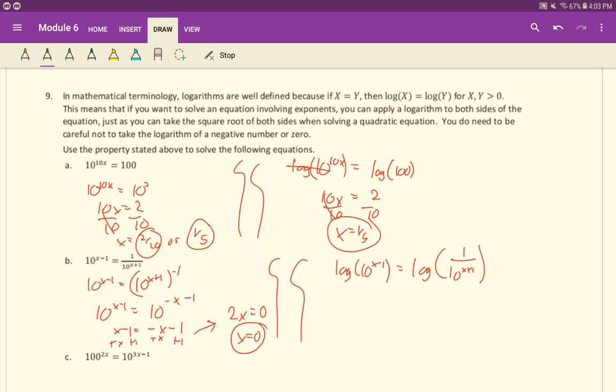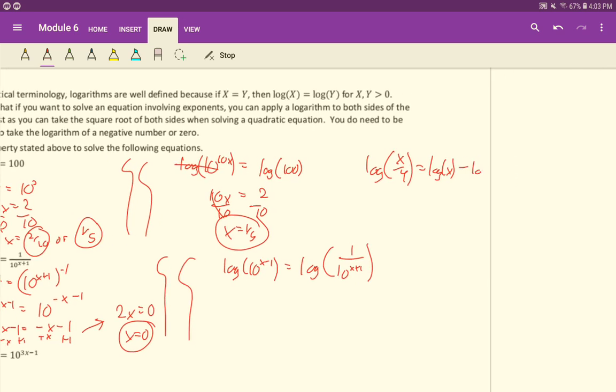Now, we haven't talked about division problems, but if you do take the log of something like x over y, that is equal to log of x minus log of y. In the same way that log of x times y is equal to log of x plus log of y, right? So when you multiply, it becomes addition. When you divide, it becomes subtraction between two logarithms.